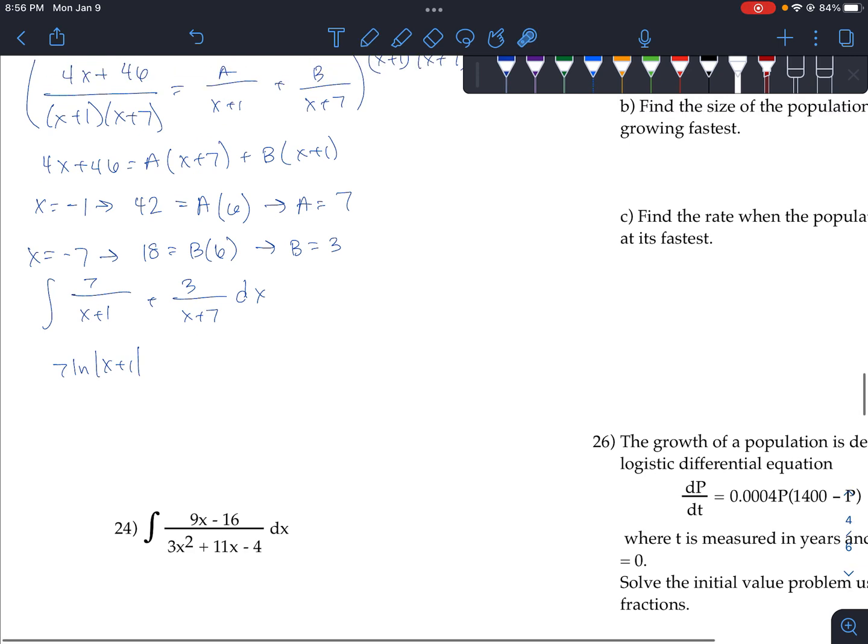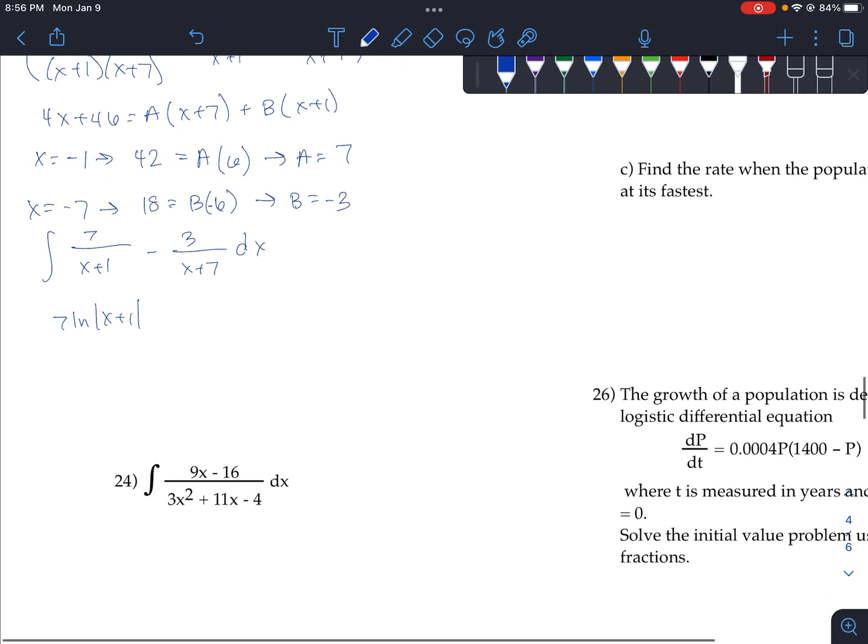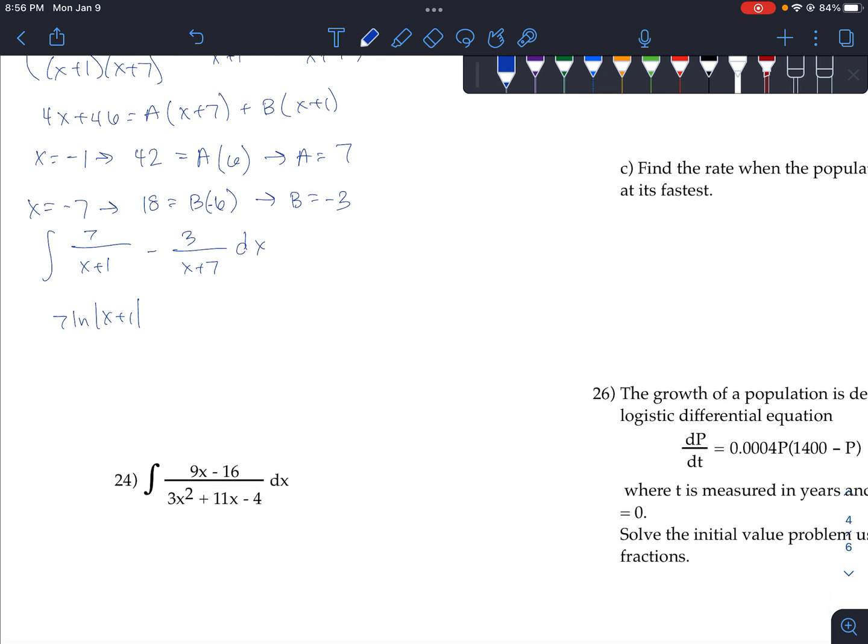Hold on, I feel like something's off right here. So x is equal to negative 7, that's going to be negative 6. There we go, something fell off right there. So negative 6, that's going to make that negative 3. Okay, that looks right.